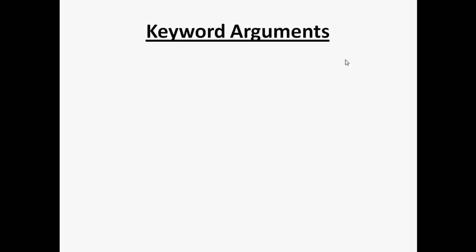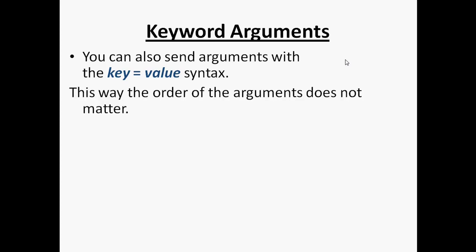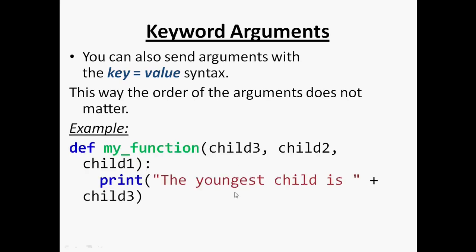Keyword arguments. You can also send arguments with key equals value syntax. This way the order of arguments does not matter, because you already defined the value with the corresponding key. Let's see with an example. In my function definition, I have taken 3 parameters, child3, child2 and child1.